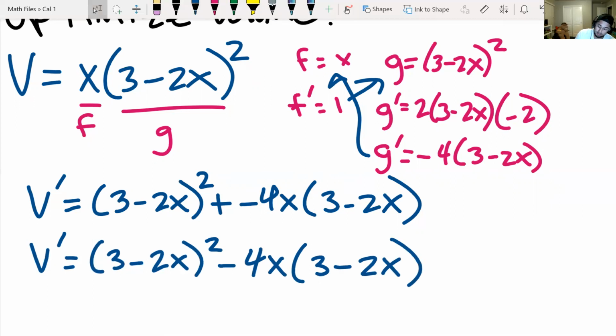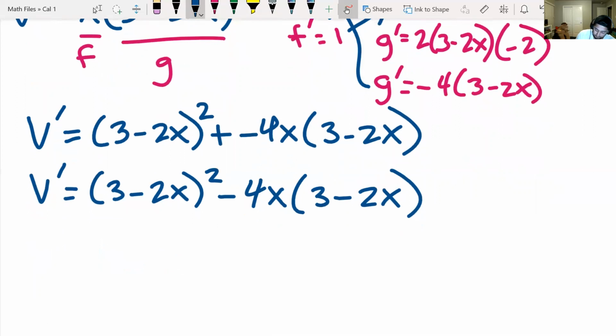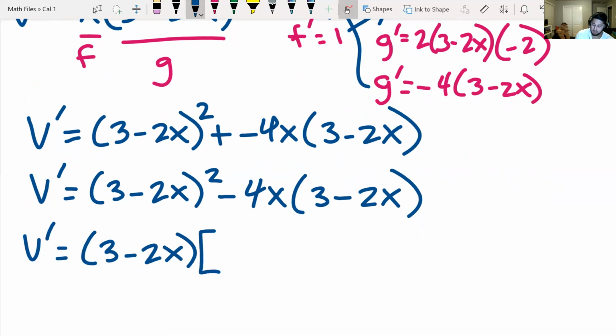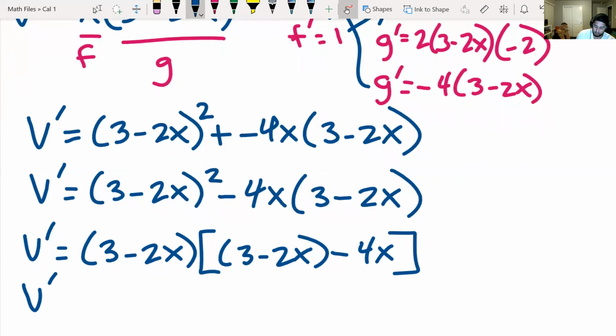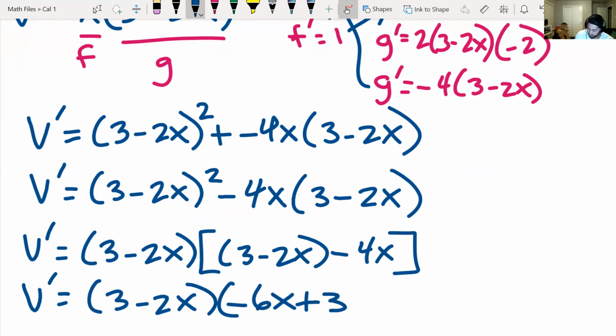Okay, let's make this look pretty. And I will factor out a 3 minus 2x. And that'll leave me with 3 minus 2x minus 4x. Therefore, V prime is 3 minus 2x times negative 6x plus 3, or 3 minus 6x, whichever you like.